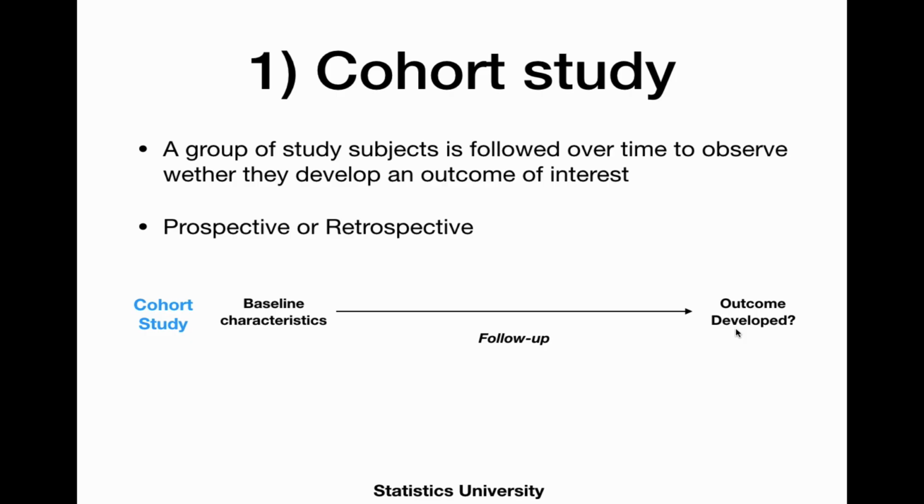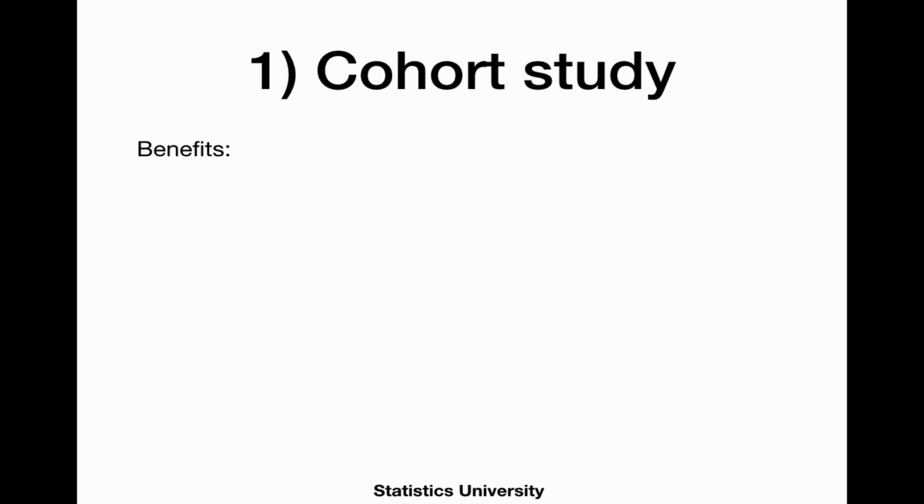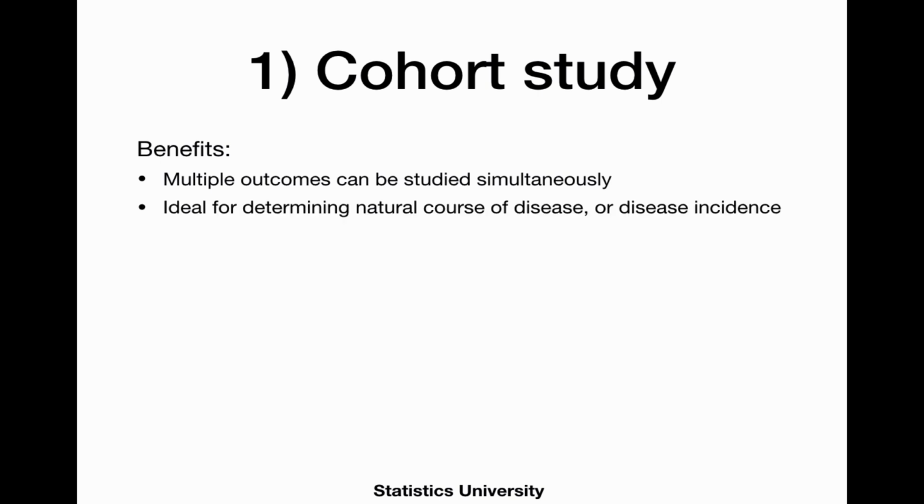Or we can do this retrospectively by collecting the data on the baseline characteristics, the follow-up, and the outcome simultaneously. And the biggest benefits of this study design are that multiple outcomes can be studied simultaneously. It is an ideal study design for determining natural courses of disease or disease incidence, and it often reflects clinical practice pretty well.